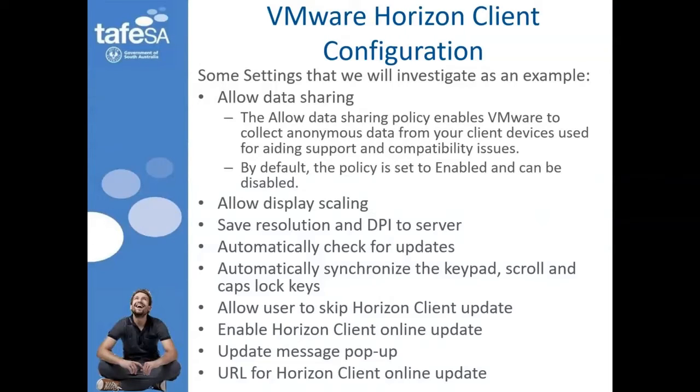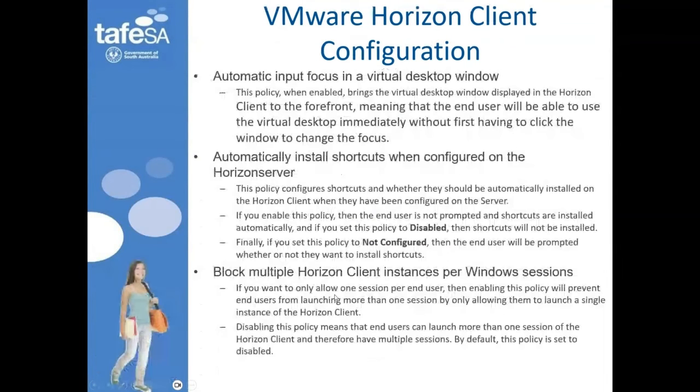By default, this setting is disabled, but you can personalize or customize the message. All right, so the URL for Horizon online update: this policy specifies the URL where to download the Horizon client updates. You can type the address, so it can be a custom address, not just from anywhere. You can tell it where to go.